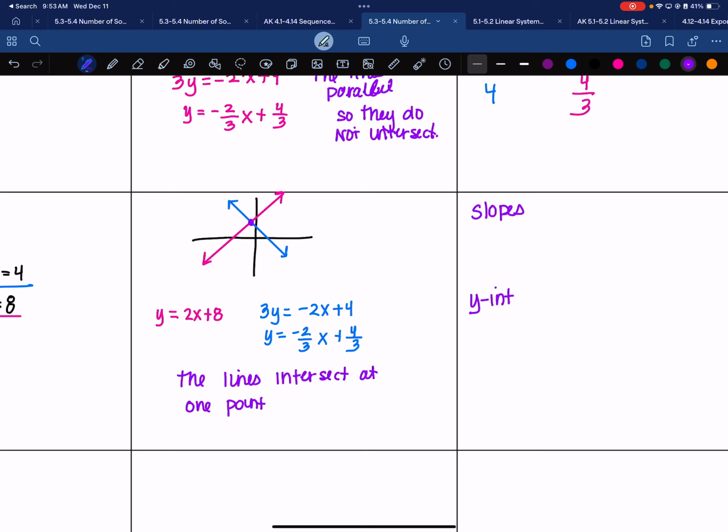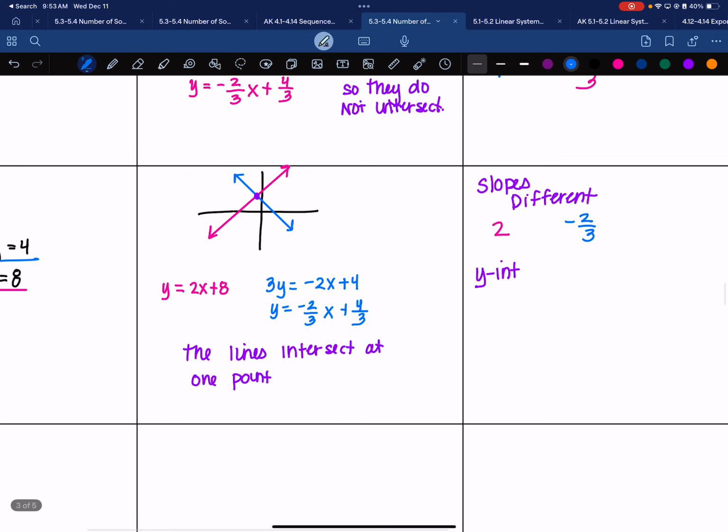Two options, same or different? The slopes are different. So in this case, we had a slope of 2 and negative 2/3. What about the y-intercepts? Okay, so in this case, they are different.